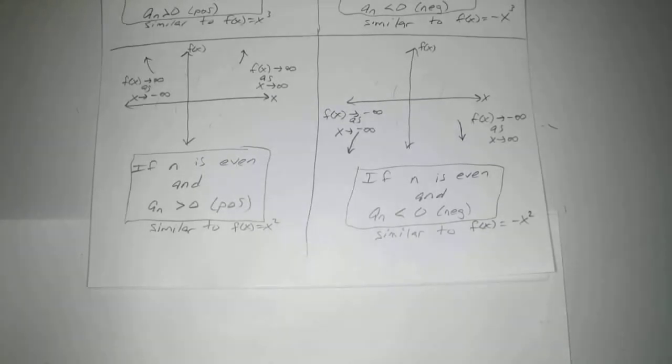Okay. So if you can remember how those four graphs look, it'll make these type of problems really a lot easier. All right, so I'll leave that up for a few seconds. We'll do a few examples.